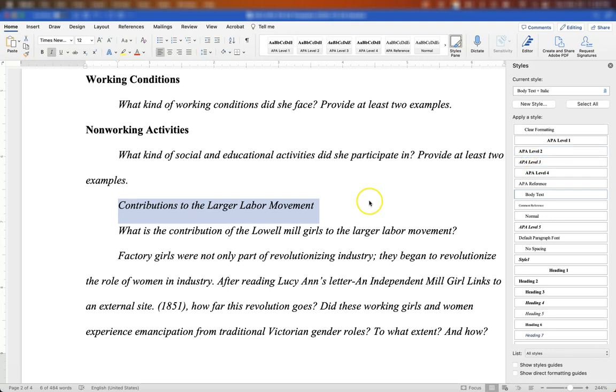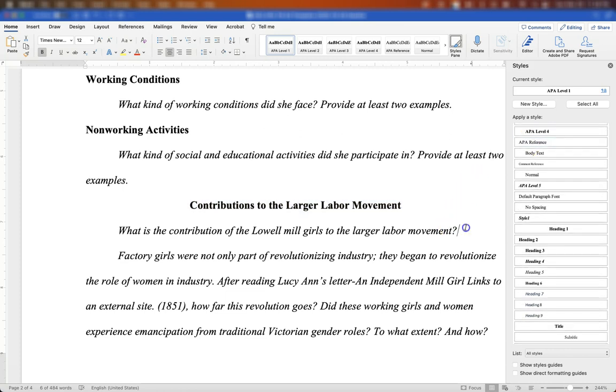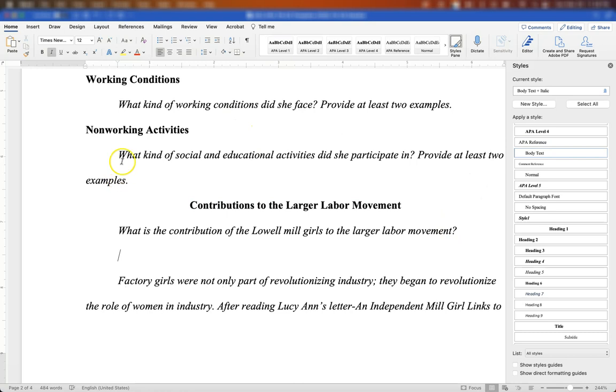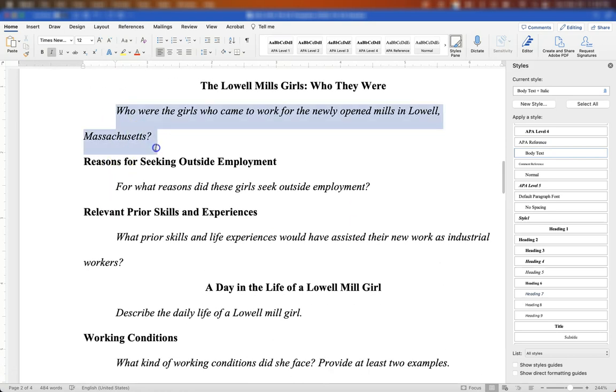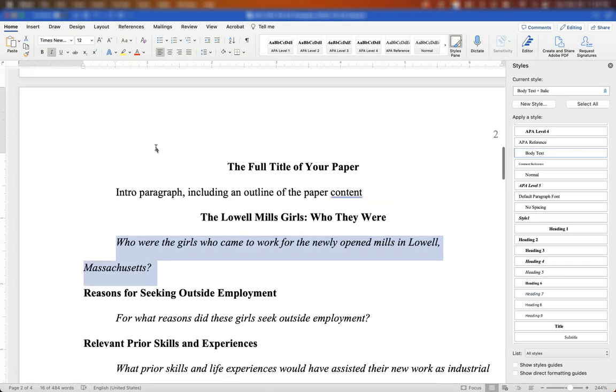Now, watch what happens, because this text is italicized right now. When I mark it as an APA Level 1, you'll see that the italicization is removed. And that's another reason to use the styles, because it will do a lot of that rather than you having to do it manually. Now, as I go through, I'm leaving these instructions here so I have a cue for myself about what I'm supposed to be putting in each section.